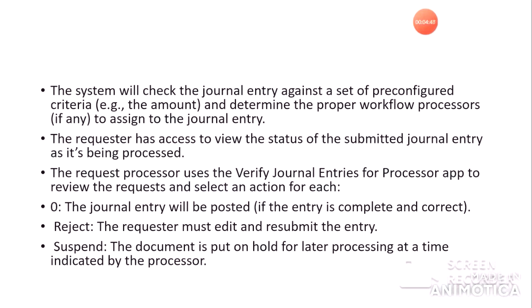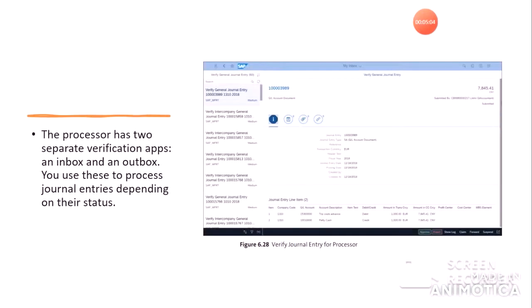Suspend the document: if the workflow status is shown as suspended, the document is put on hold for later processing at a time indicated by the processor. So there are three types of actions: approval, rejection, and suspension.